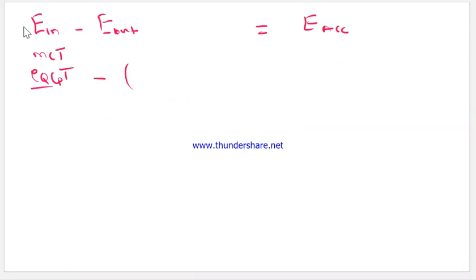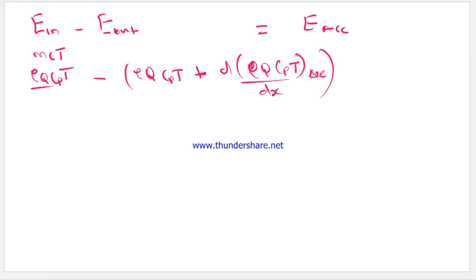That is, we look at what comes in, rho Q Cp T, plus the rho Q Cp T within delta x times delta x.